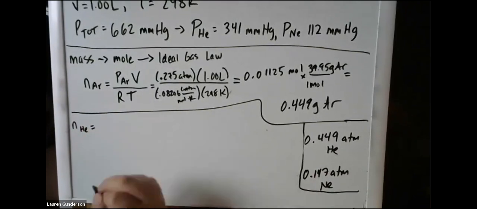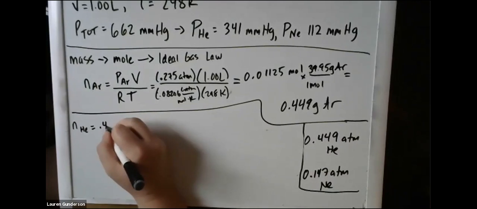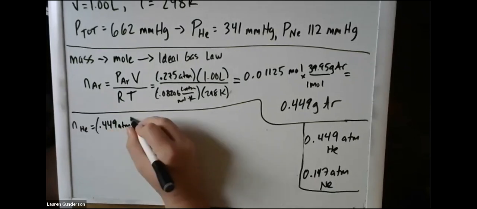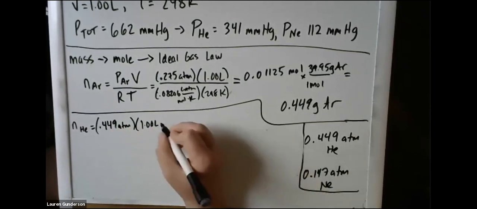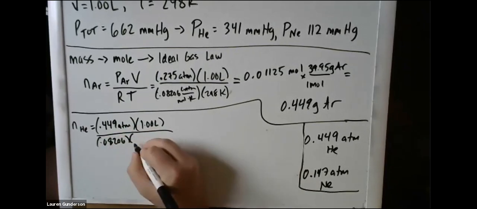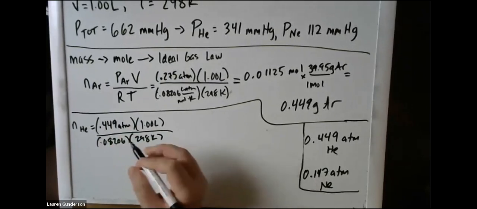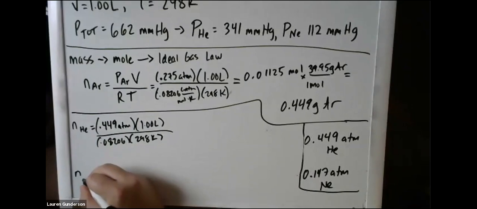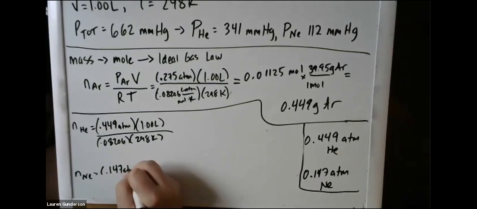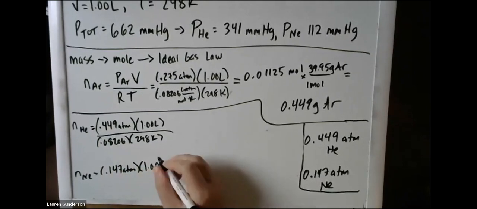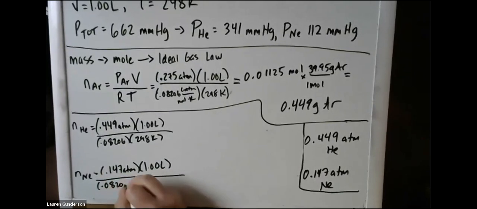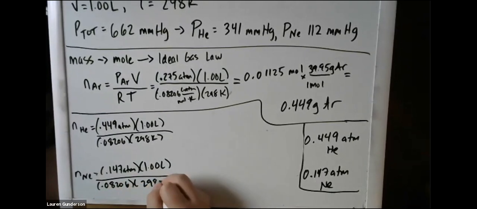So the moles of helium is going to be 0.449 ATM times 1 liter over 0.08206 times 298 Kelvin. And my mole value for neon rather, will be 0.147 atmospheres, 1 liter, divided by our gas constant, divided by our temperature.